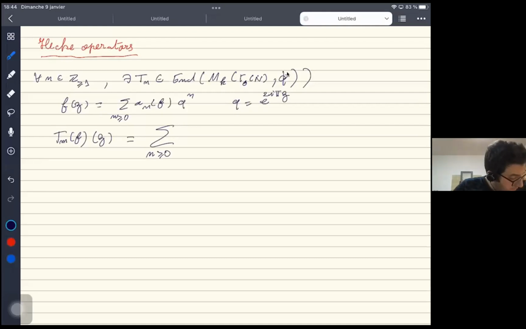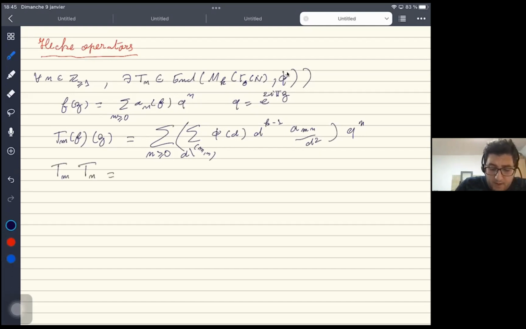T_m f. And you can check easily that the T_n and T_m commute.